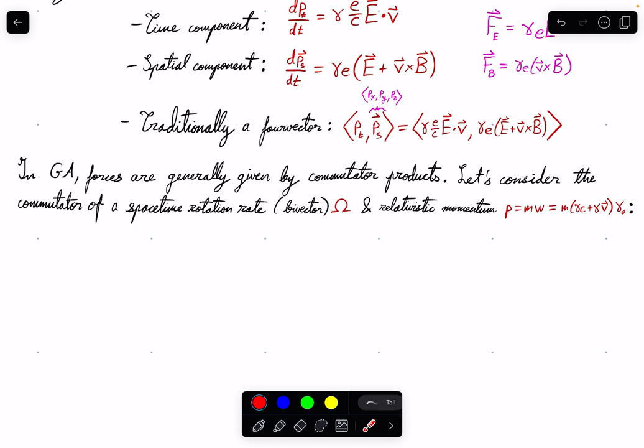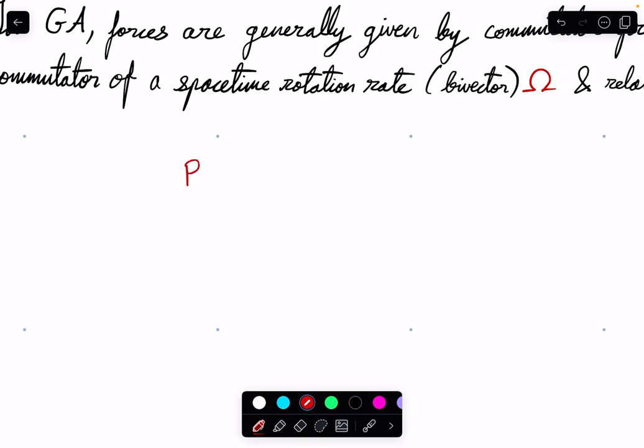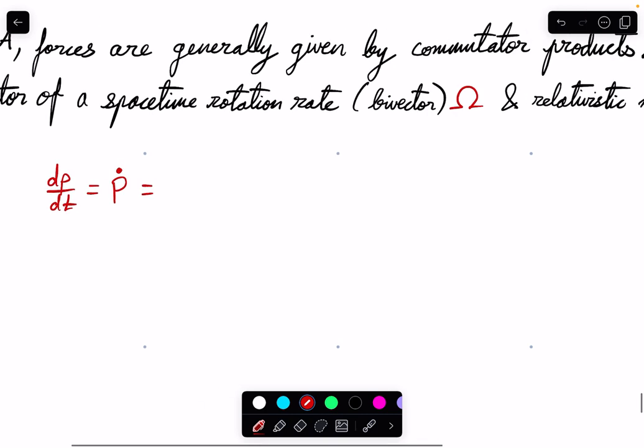Going back to where we were, we are considering the commutator of a spacetime rotation rate bivector, which is omega, and a relativistic momentum p. So the change in time of p, dp dt, is given by 1 over 2 omega p minus p omega.